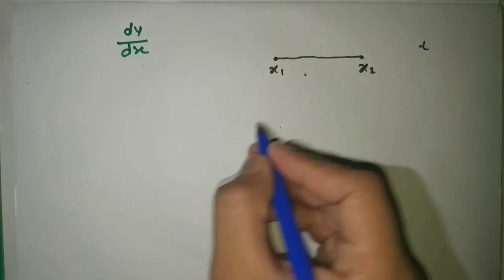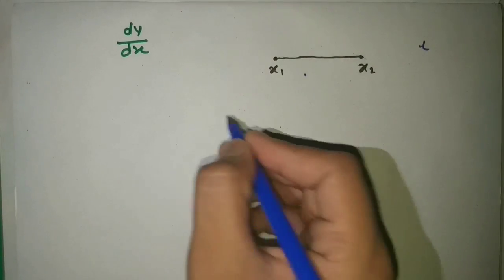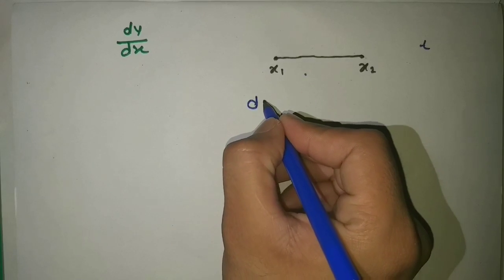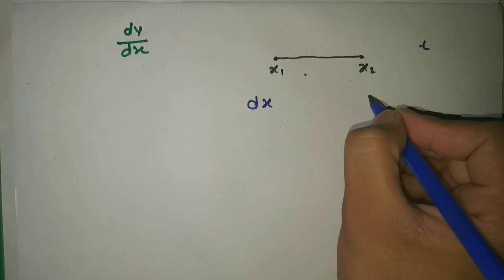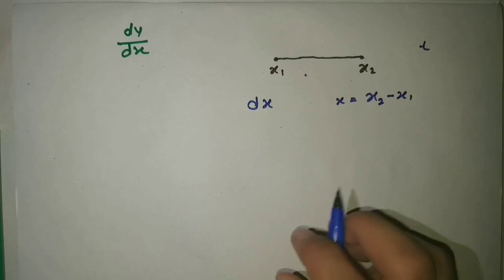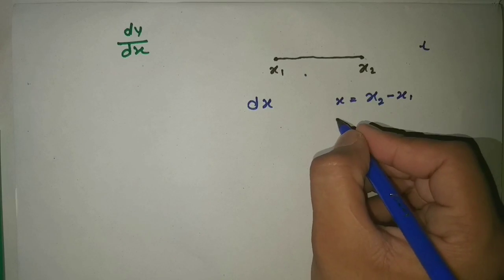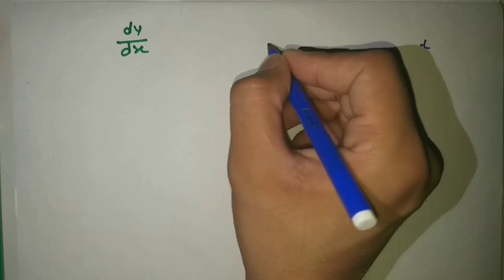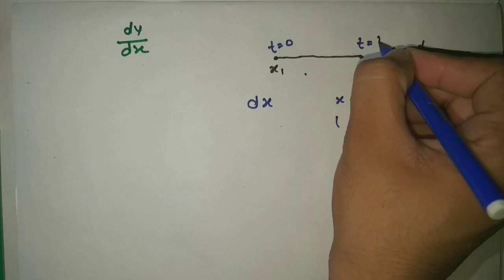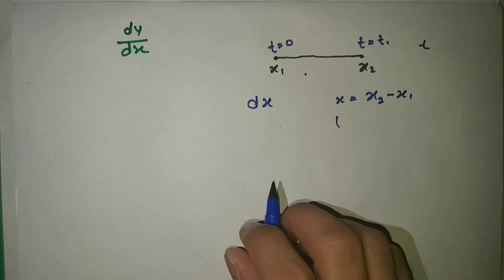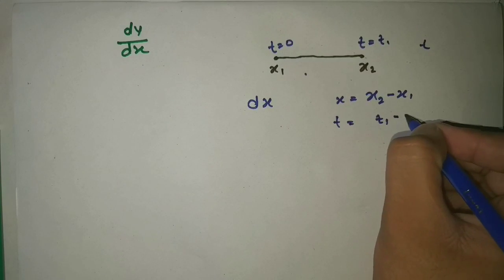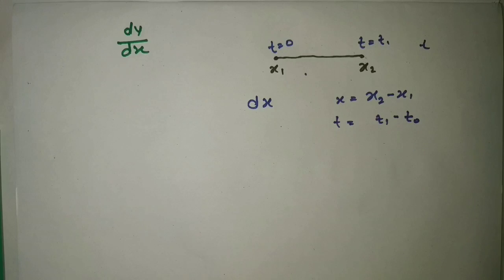So let's see, it is x2 and x1. Let's suppose dx is equal to x2 minus x1, and the particle was at time t equal to t0 and t equal to t1. So dt is equal to t1 minus t0.